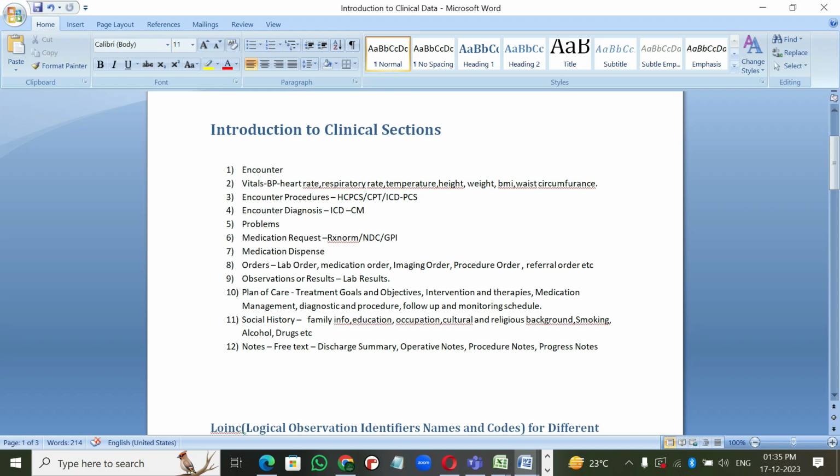So any paracetamol tablet 50 mg, 50 mg is the power, will have one RxNorm code. But if any one of these changes, like paracetamol tablet 100 mg, the RxNorm code will change.